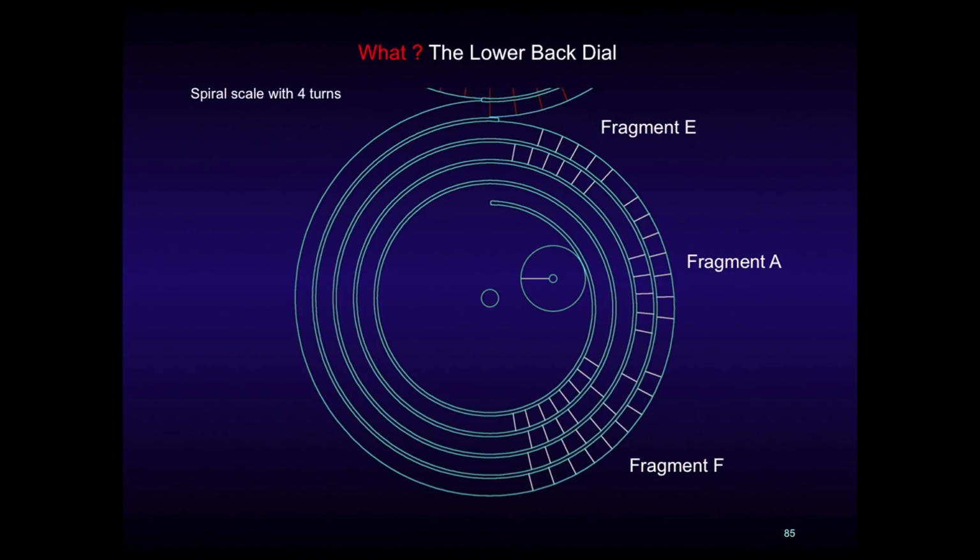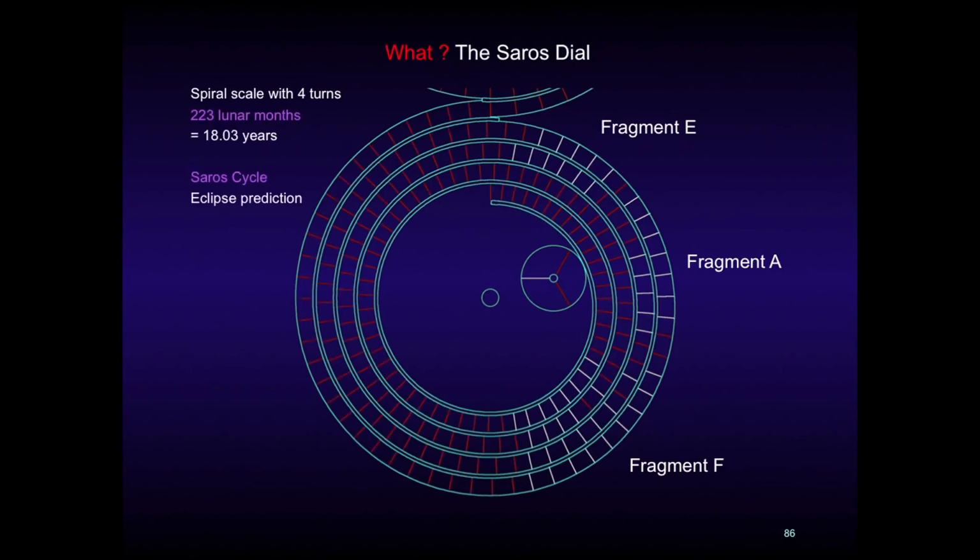And suddenly I had quite a lot of data around this dial on which to extrapolate the total number of divisions around the dial. And this came, you may have guessed the answer already, the number of divisions round the dial came to the remarkable number 223.